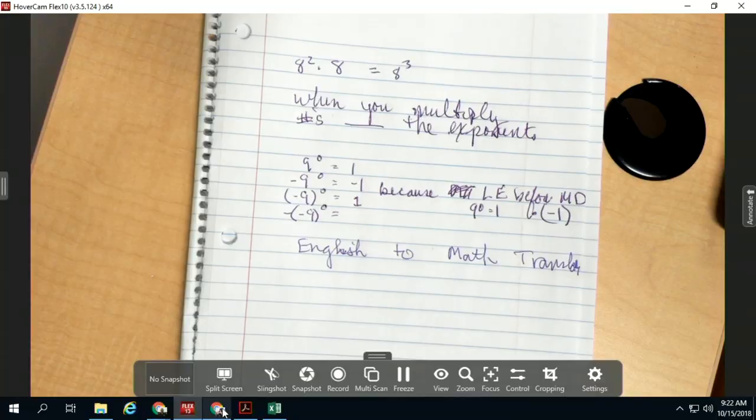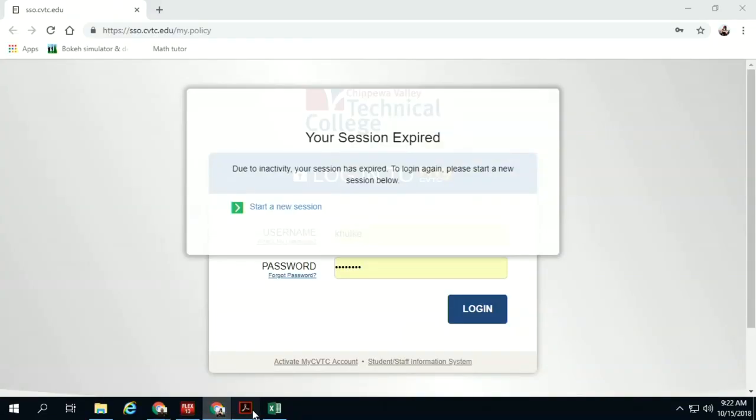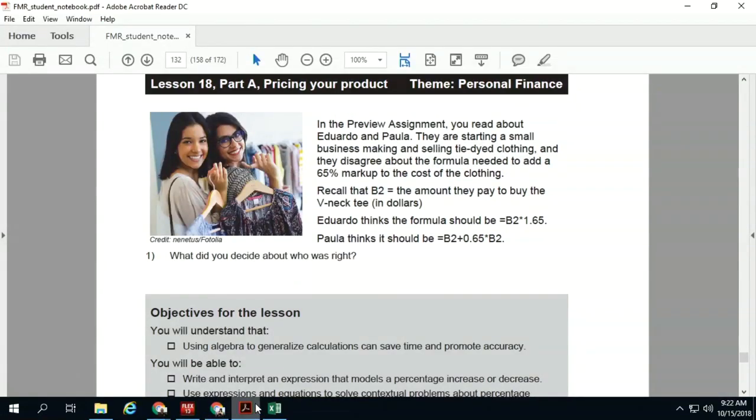And here is the sentence we're going to translate, starting at the word formula. Translate the English to math. Go. Work in your group.